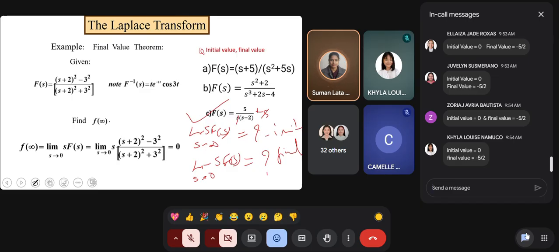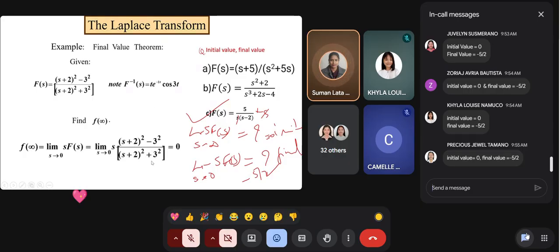So the first answer will be 0. If you put 0 over here, it will be minus 2 in the denominator and 5 in the numerator, so minus 5 by 2 is the correct answer. Many of you have given the correct answer. I hope this is clear to others also who have not done it.